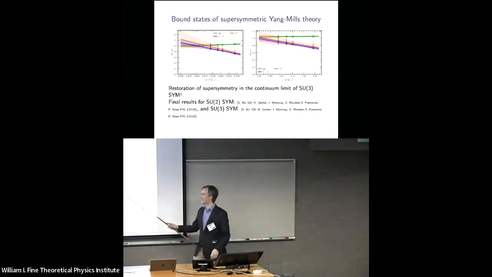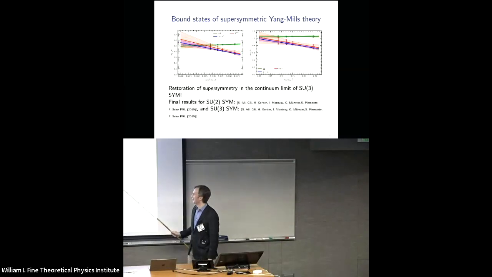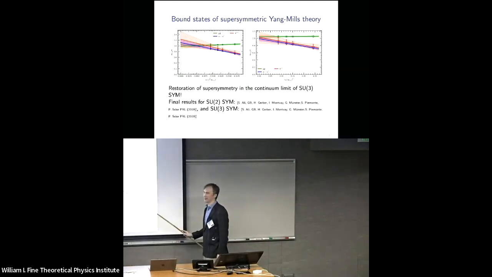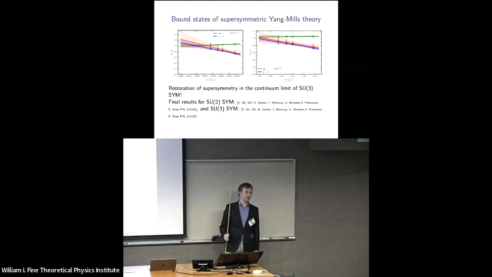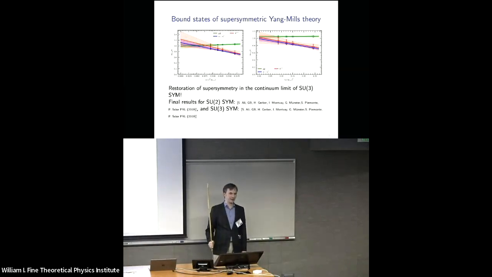No, both are SU(3), because this is order a lattice artifacts assumed, and this is order a squared lattice artifacts. We have added some improvements which reduce these order a lattice artifacts, but we are not completely sure whether we have removed all of them.